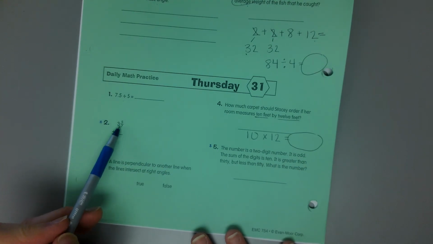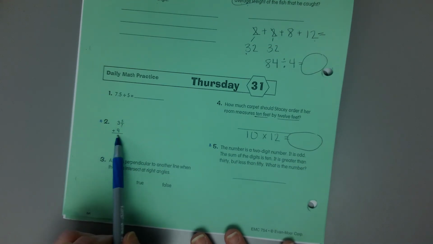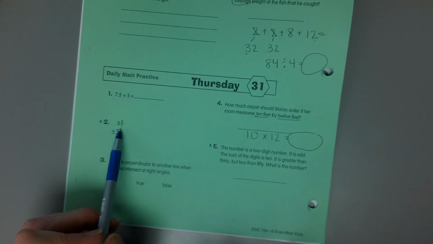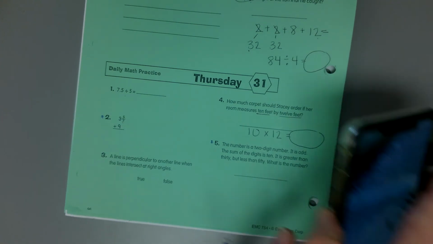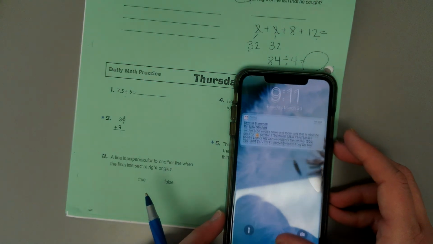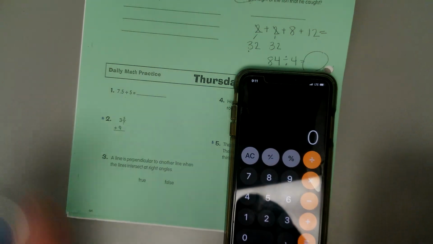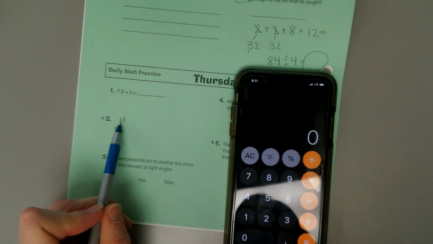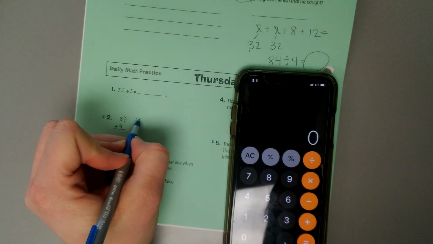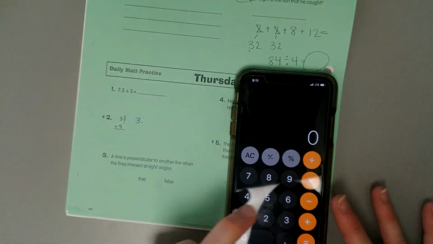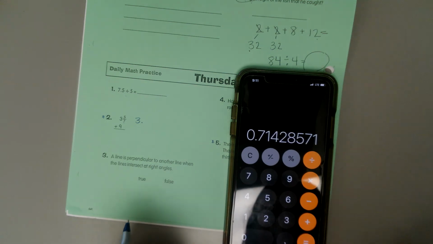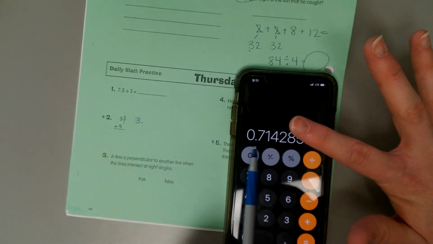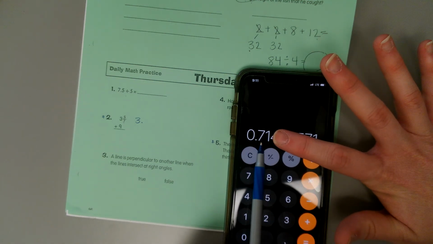Calculator. This one, there's a couple different ways you can do this, but the way I would do it is convert this 5/7 into a decimal. And to do that, like we did on the first page, keep your 3 as a whole number, and then 5 divided by 7 is, now you could round this off to the first 2.